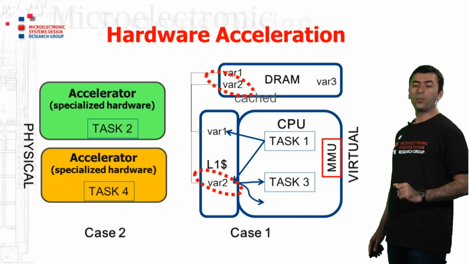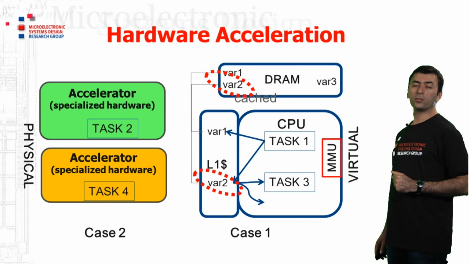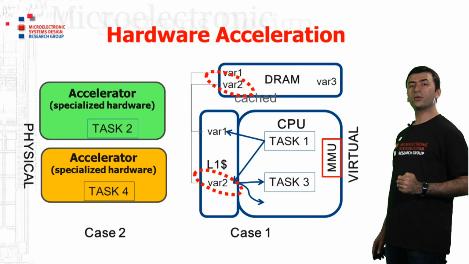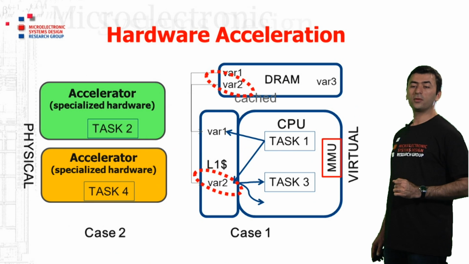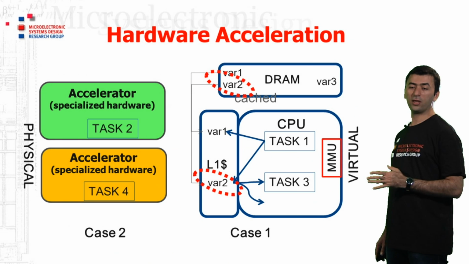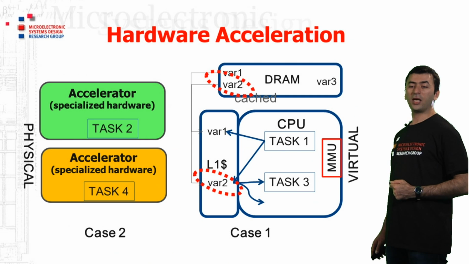Or, suppose that the accelerator wants to read the variables from the DRAM memory. How should the accelerator obtain the addresses of these variables? The point is, as we know, the CPUs are usually executing their tasks, their applications, in virtual address space. In fact, we have an MMU which is active, and the applications that we are running, the arrays that we are allocating, are all using virtual addresses.